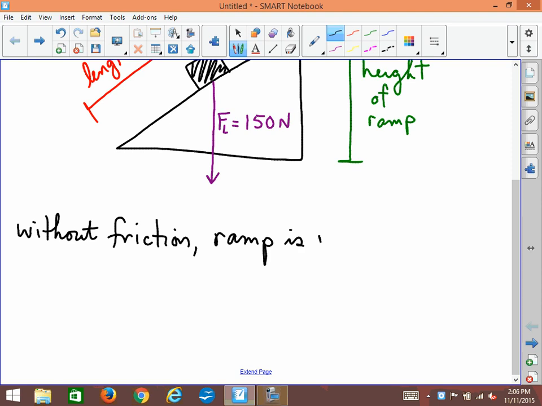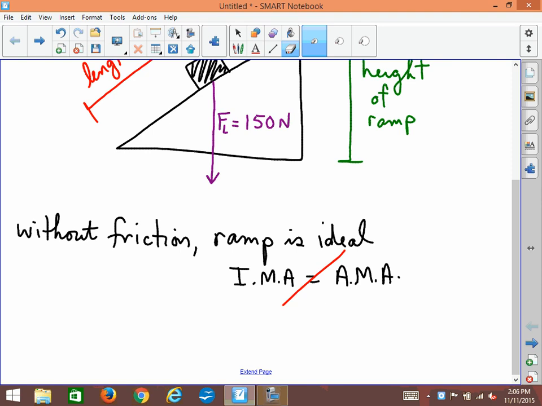And ideal means, if you're an ideal ramp, that your IMA, your ideal mechanical advantage, is the same as your actual mechanical advantage. But in real life, that hardly ever happens because of the friction. The friction makes this change. It makes the actual mechanical advantage a little bit less than the ideal mechanical advantage.